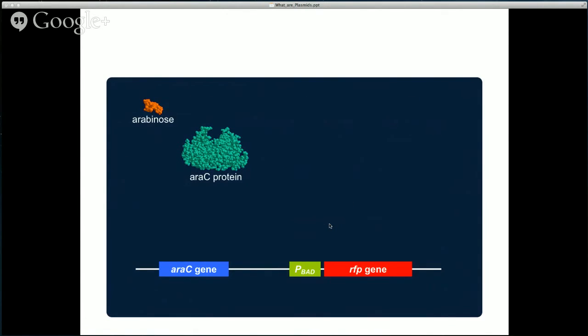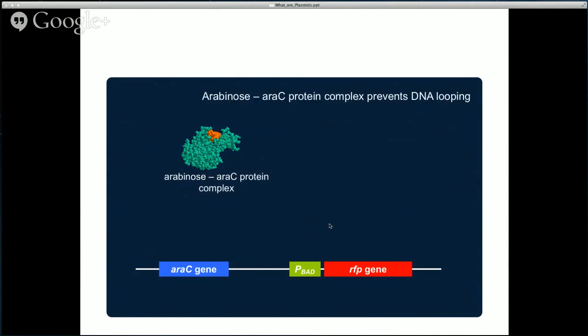But if you have a plate that has arabinose, or in your case for your lab, it was IPTG, which is also a sugar. It's just a different type of sugar. As long as you have arabinose, it's going to bind with this Ara-C protein. And when it binds with the Ara-C protein, it changes the conformation, it changes the shape.